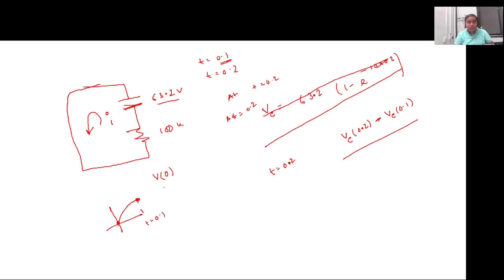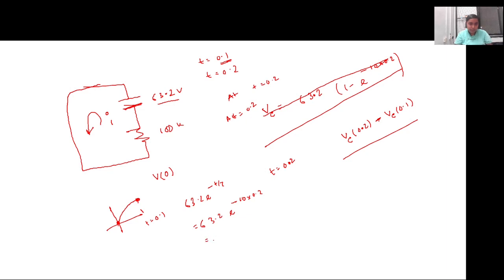So now considering that only discharge, having no external voltage, only 63.2 e to the power minus t by tau, I guess it will be right. Let me just calculate it, e to the power minus t by tau, so it will be minus 2, right? So 63.2 e to the power minus 10 into 0.2.